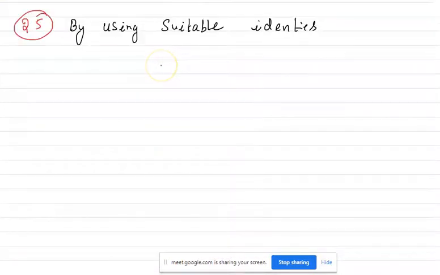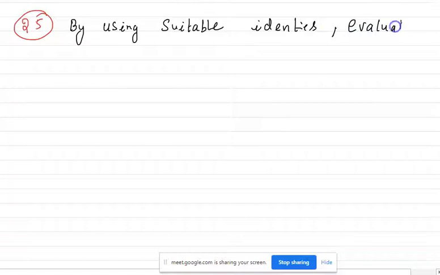By using suitable identities, evaluate. Evaluate means we have to solve. Evaluate Roman number 1, 103 whole cube.